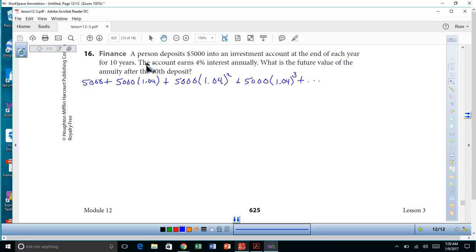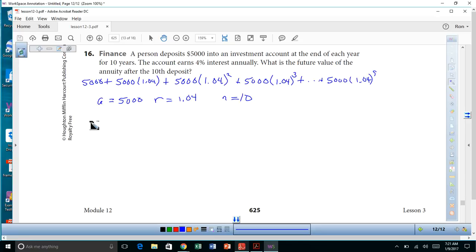We're talking about 10 years, so it's going to go to 5,000 times 1.04 to the 9th power. Okay. So A is 5,000, R is 1.04, and N is 10.